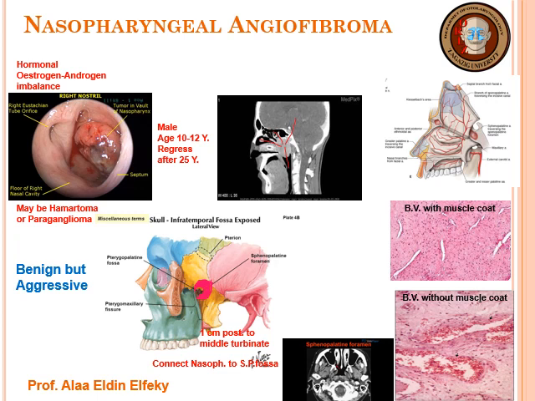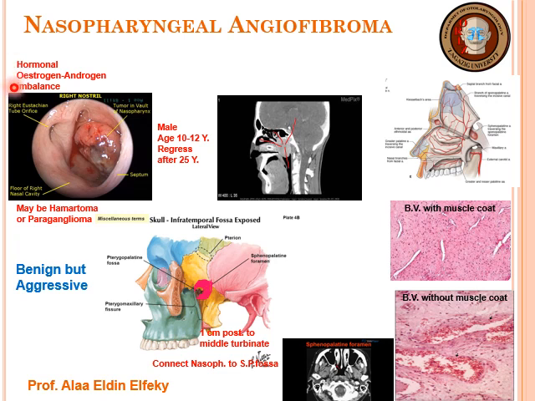Now, what about the nasopharyngeal angiofibroma? The nasopharyngeal angiofibroma is the most common benign tumor of the nasopharynx. It is a benign tumor, but with aggressive behavior. It is most probably hormonal, due to estrogen-androgen imbalance.